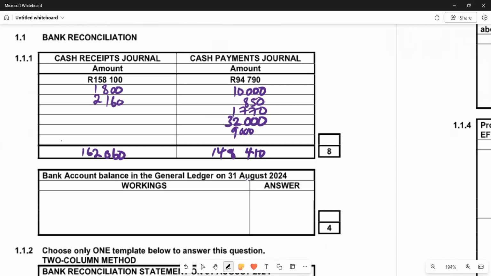Then the second part is saying bank account balance in the general ledger on 31 August 2024. So we need the bank account balance on 31 August 2024. So what are we going to do? Remember, we now have the balances that we are given there.